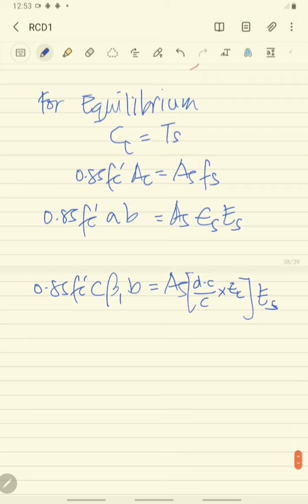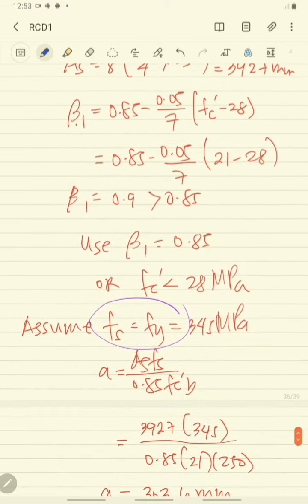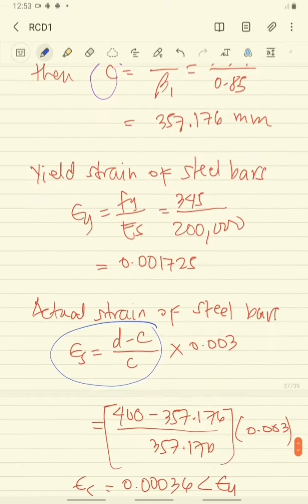Then we substitute. We have 0.85 times 21 times c times your beta 1, which is 0.85. Your b is 250. Your As is equal to 3927.